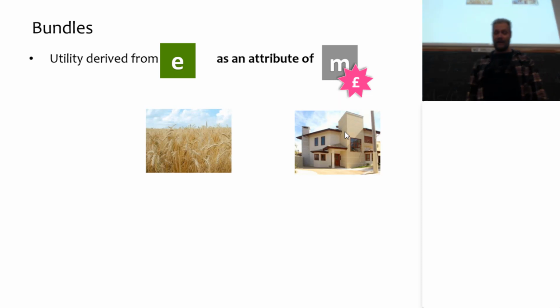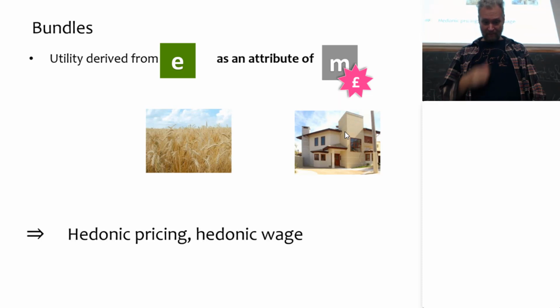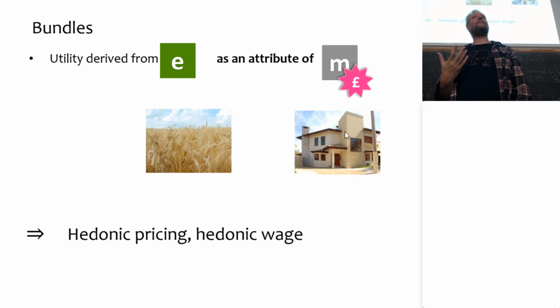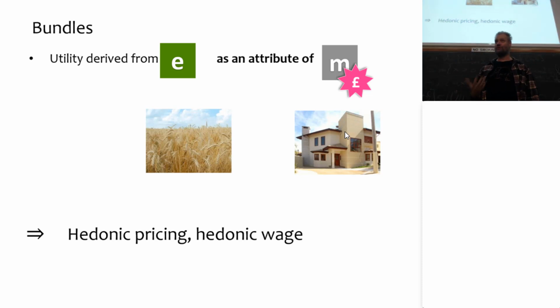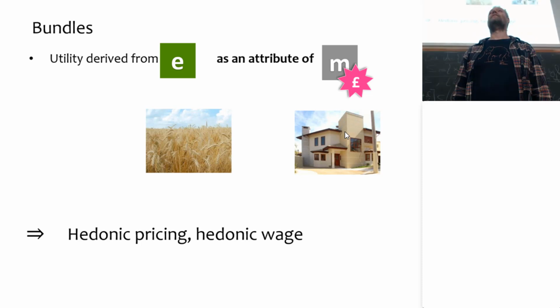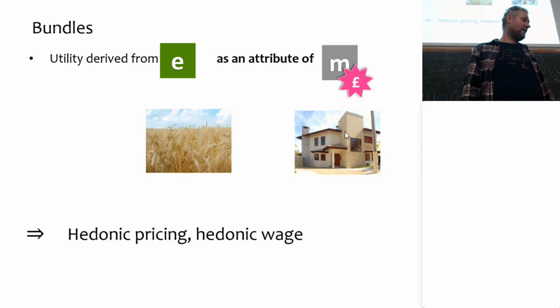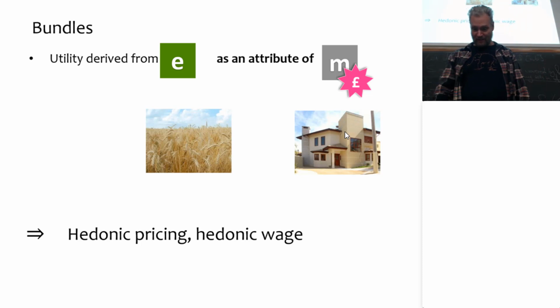And it may be sitting near a wheat field, and if you're Theresa May, you would like to run in that field, right? The methods that use this particular approach are typically referred to as hedonic pricing or hedonic wage studies, where wage is of course the price of labor.